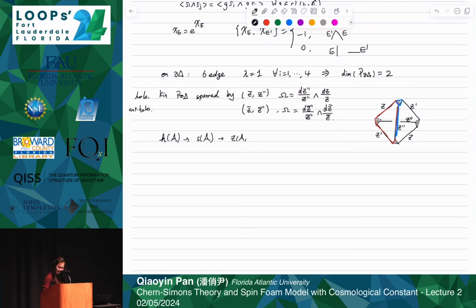So z and z double prime are also functions of the connection. So this symplectic form is just a representation of the symplectic form of Chern-Simons theory I introduced in the first lecture. So it's related to this symplectic form.